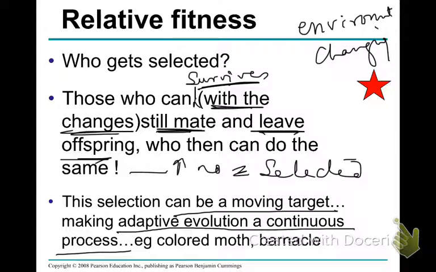Or you can have a barnacle that is more efficient in collecting food than its neighbors, may have greater stores of energy, and be able to produce a larger number of eggs, and so may be able to survive and pass their genes on to the next generation.